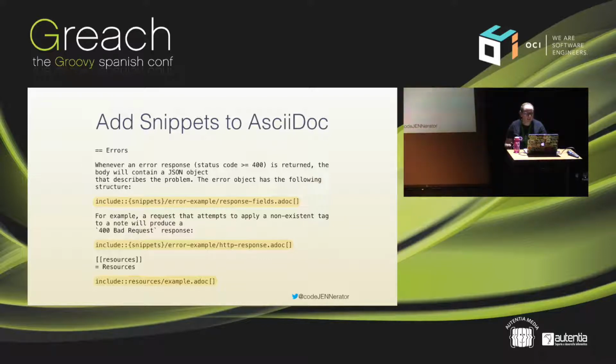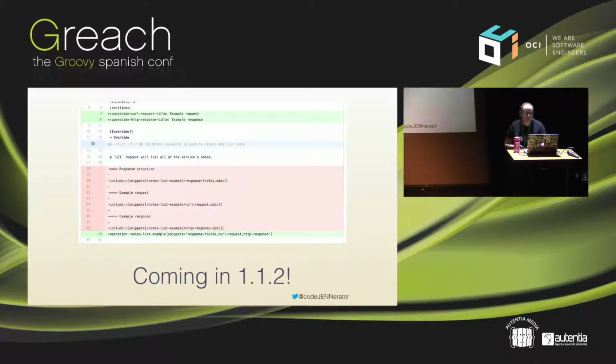But the idea here is that you get all of those snippets that were generated, you then have to manually insert those into your doc. But what's exciting and coming next is a little bit of a shortcut, which will remove some of those templates and work better. But of course, this is still in release candidate, hasn't been officially released yet.